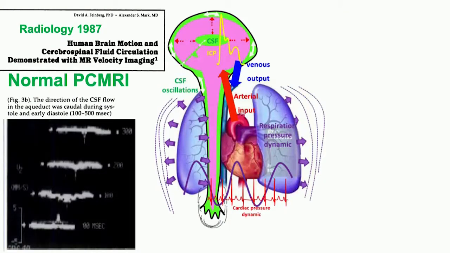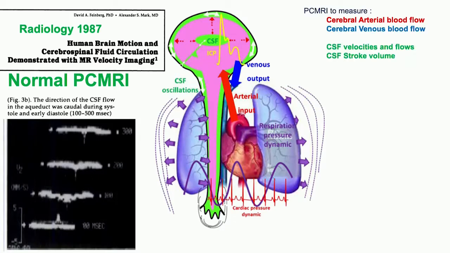Intracranial pressure is also defined by the different volumes, the different compartments inside the craniospinal system. One of the compartments we have seen in a previous presentation is the CSF, the cerebrospinal fluid. So, as a function of its volume inside the craniospinal system, it will define the mean intracranial pressure.